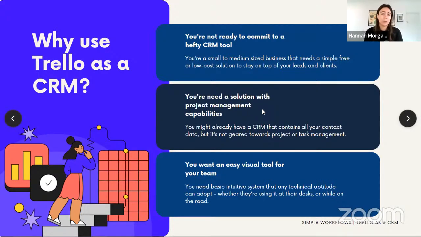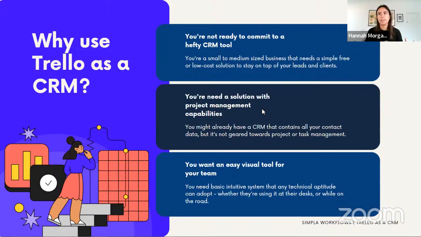The next one is you might actually already be using a CRM. You might have a CRM as a contact database or a place where you're sending marketing emails and things like that. But a lot of those CRMs, like HubSpot or Salesforce, are not necessarily built for project management. So you might want a tool alongside your CRM to leverage project management capabilities.